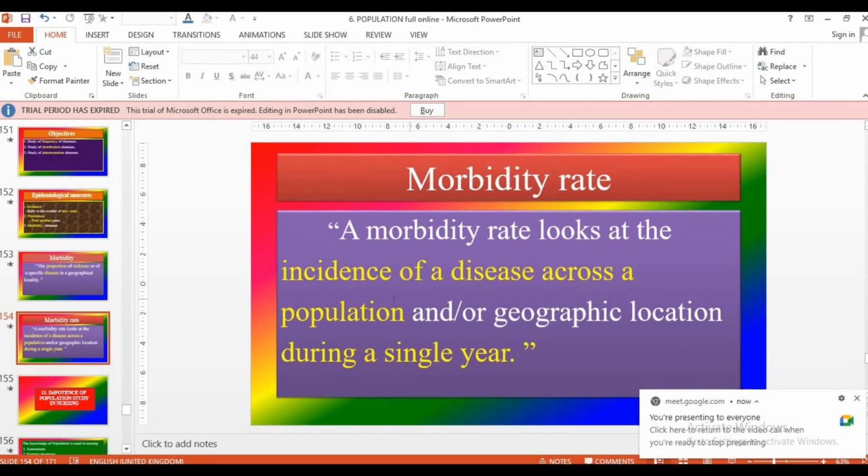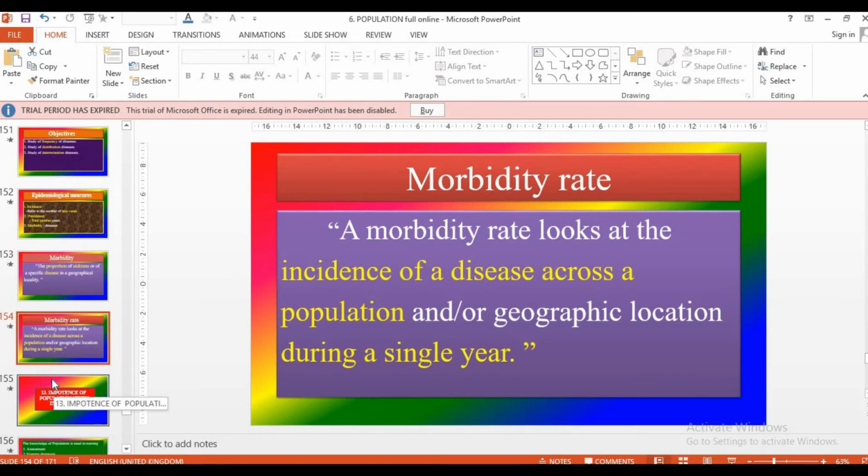Morbidity rate is the incidence of disease across a population during a single year, which means in a particular year, how many incidents, new diseases.